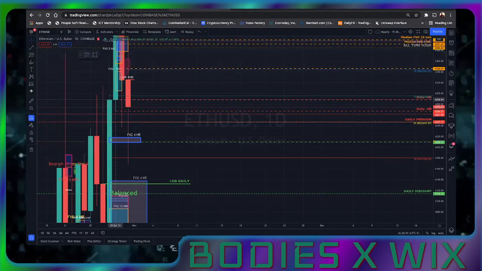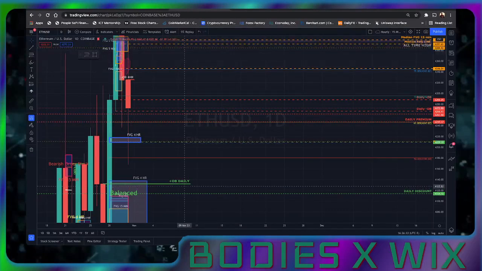So if it closes below this body here, right here at 42.88, as long as it closes below 42.88, we're in a bearish sentiment. And that's why I'm going to expect it to continue to go down to possibly this daily OB.